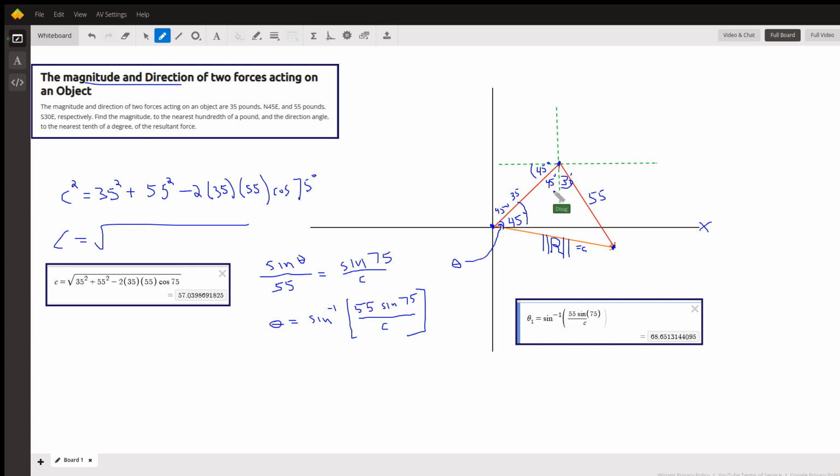So this angle is 75 degrees, and we can use the law of cosines because we've got a side-angle-side relationship. And so here, I called this little c, law of cosines, c squared equals 35 squared plus 55 squared, etc. And that all translates to 57.04 pounds. That's what this is right here.